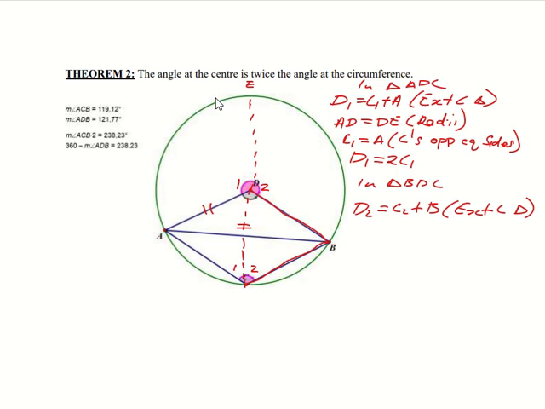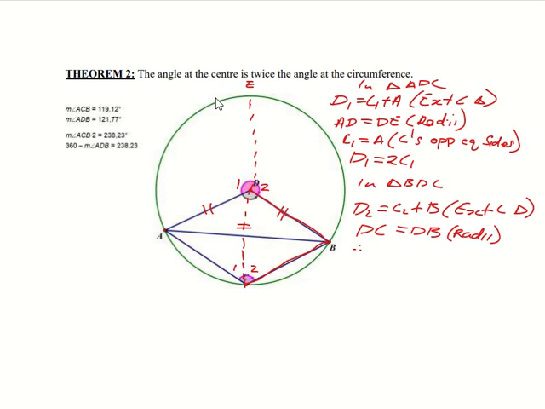This exterior angle of a triangle is equal to the sum of the interior opposite. And also DC is equal to DB, and that is because they are radii.